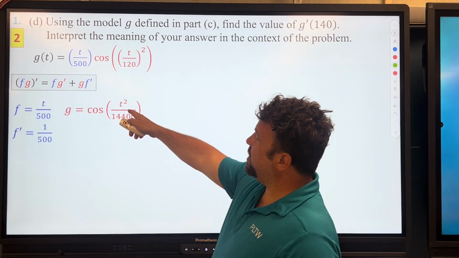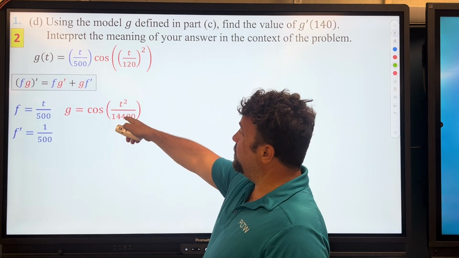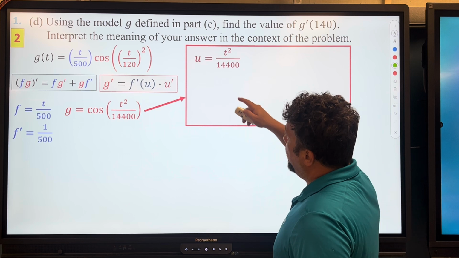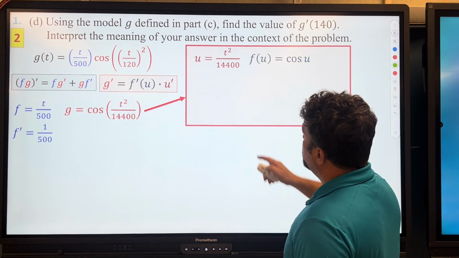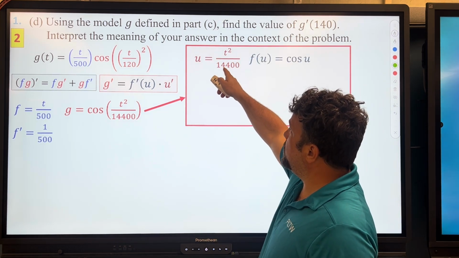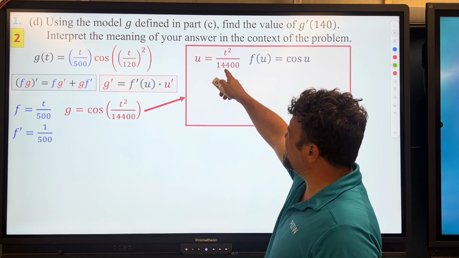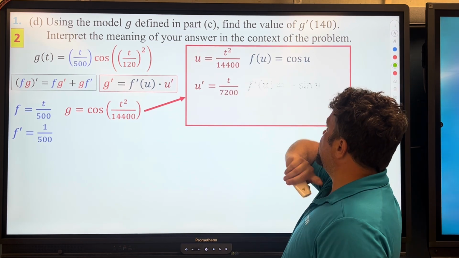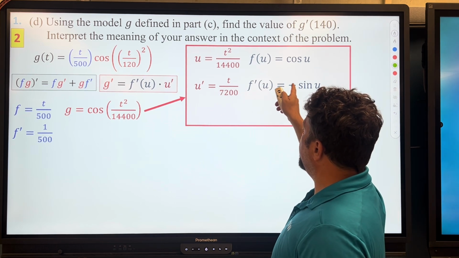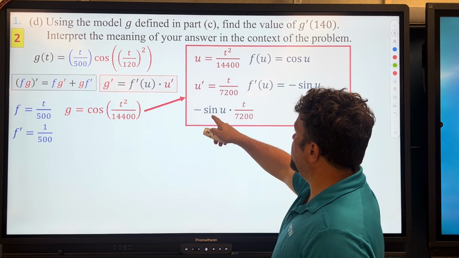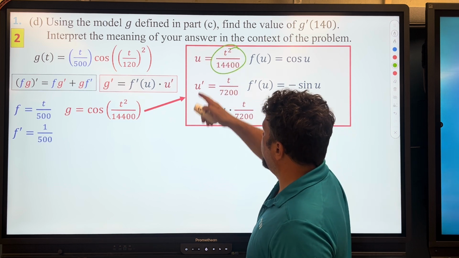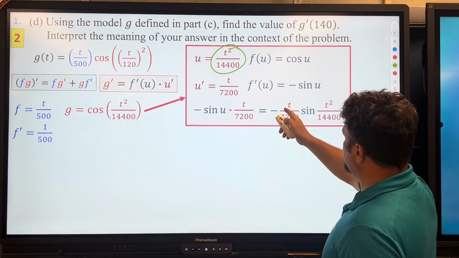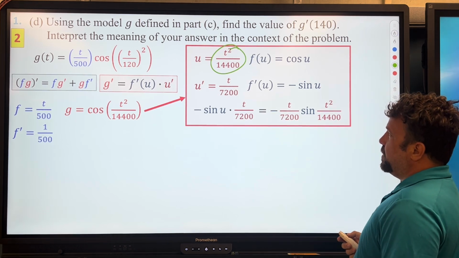This one, you have to use your chain rule, where u is t squared over 1440. f of u is cosine u. u prime would be 2t over 1440, or t over 720. So this would just be negative sine u times t over 720. Negative sine, plug your u back in, t squared over 1440, times your negative up front.